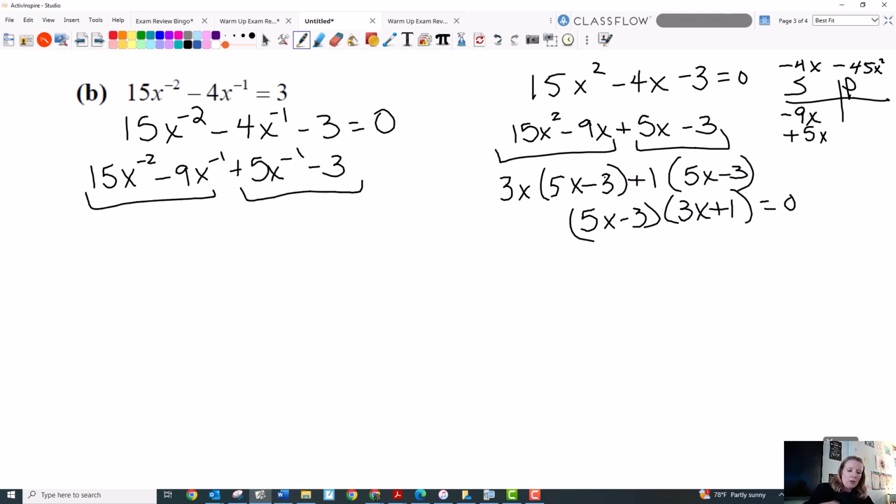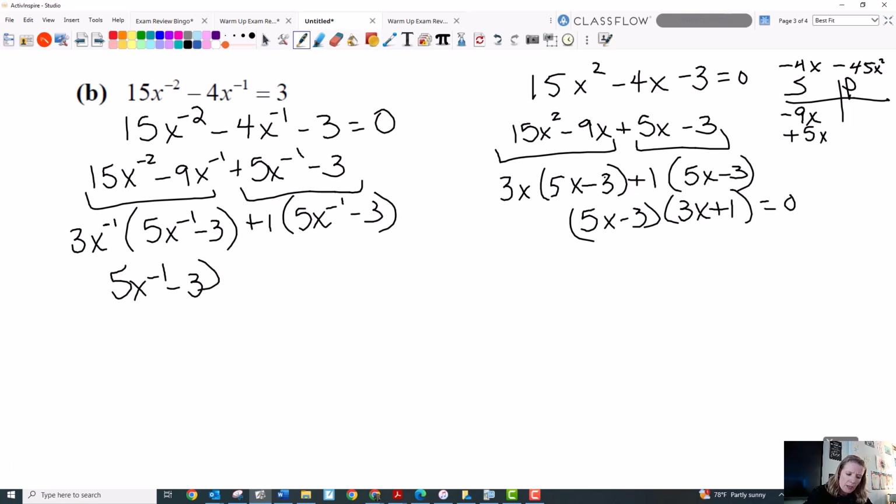Group it. When you're grouping like this, you take out the smaller, so it would be 3x to the -1 times 5x to the -1 minus 3, plus 1 times 5x to the -1 minus 3. So you got 5x to the -1 minus 3, and 3x to the -1 plus 1.